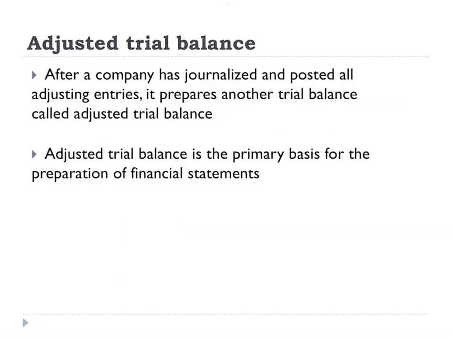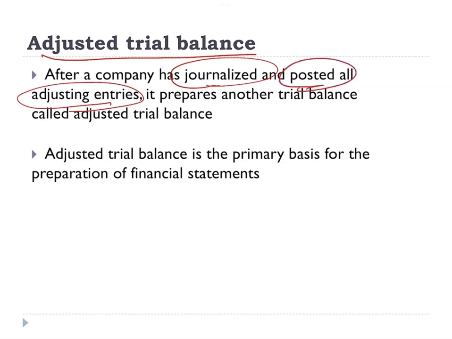And now we have finished talking about adjusting entries. The next step in the accounting cycle is called adjusted trial balance. Basically, after the firm has made all of those adjusting entries and has posted them, the balances for each account are going to be different.